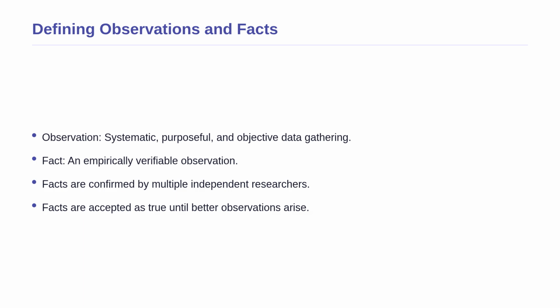That shared, undeniable piece of reality becomes a fact. A fact is simply an observation that has been confirmed so many times by so many independent people that we can safely treat it as true. In science, facts are empirically verifiable, though they can be updated if better observations emerge.